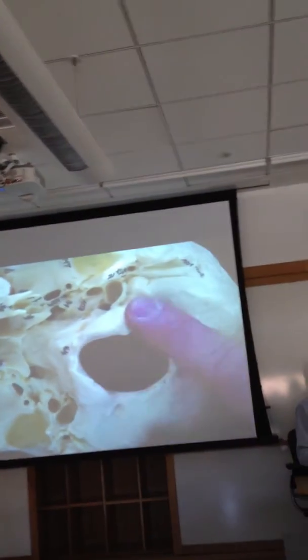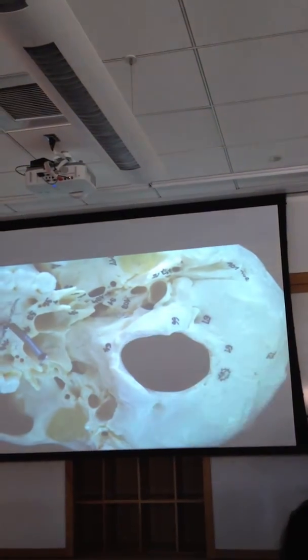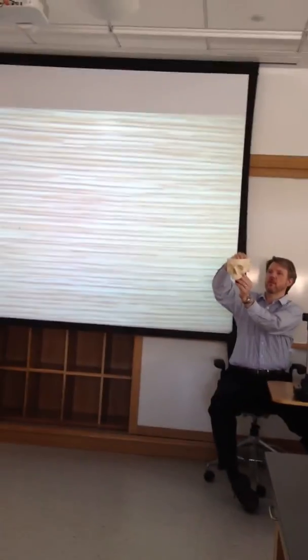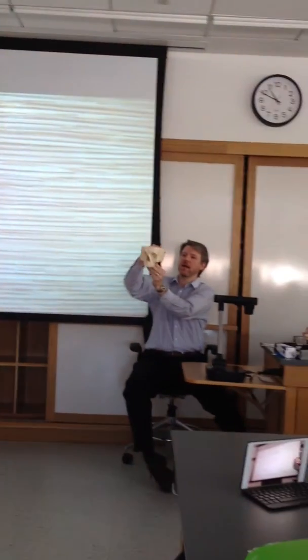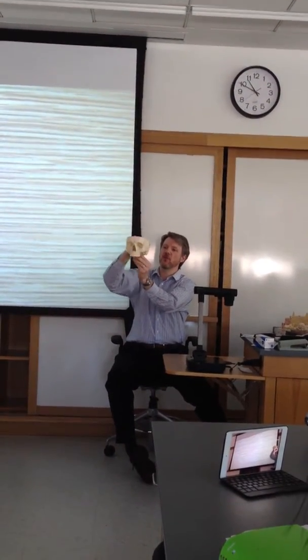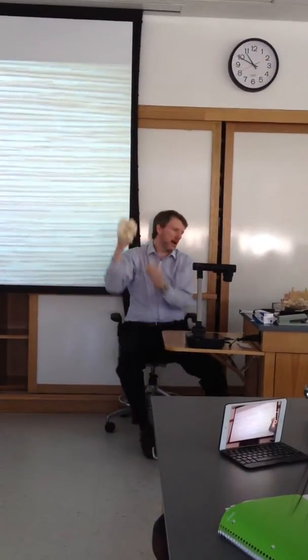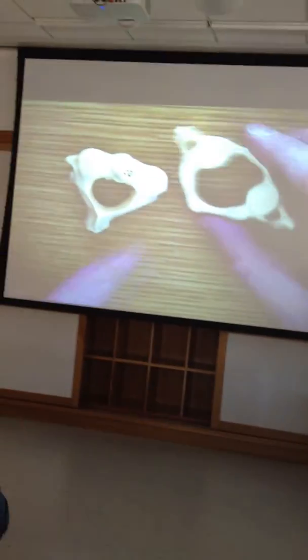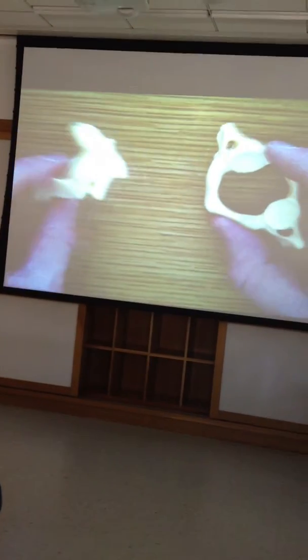Right here and here are the occipital condyles. You can see they have kind of a rounded surface, kind of like a rocking chair. And they sit right on top of C1, and they just rock back and forth, and that gives you the yes move. So the only specific vertebrae you need to be able to identify are the axis and the atlas.